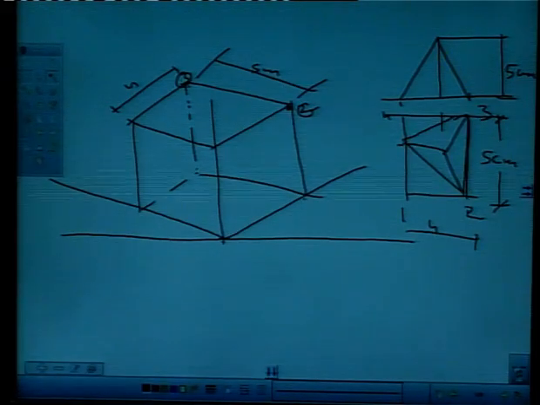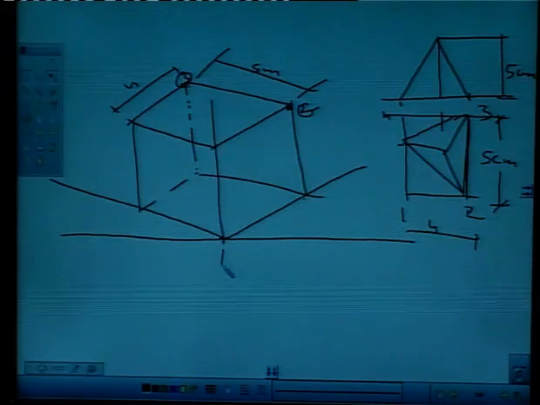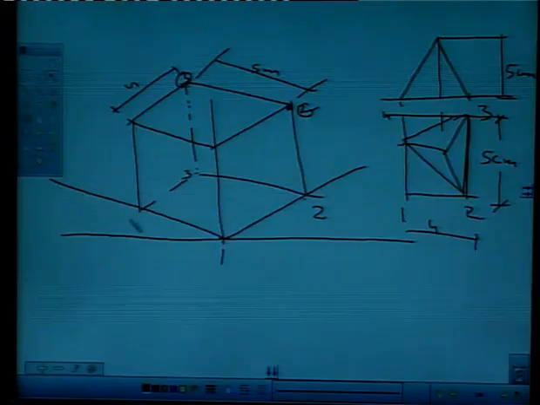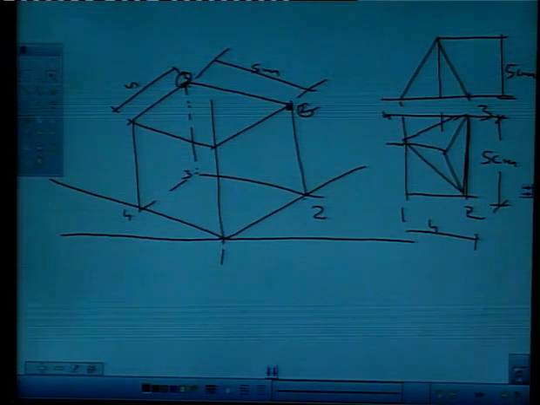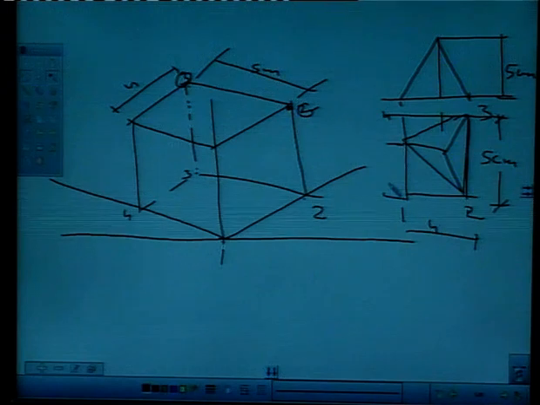And my point 1 is here, say this is 1, this is 2, this is 3 and this is 4, right? And to get this point, I simply measure this distance from 1 with the compass and mark it on this edge or this edge, say I mark it here.